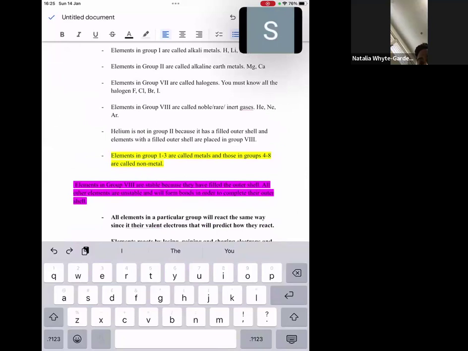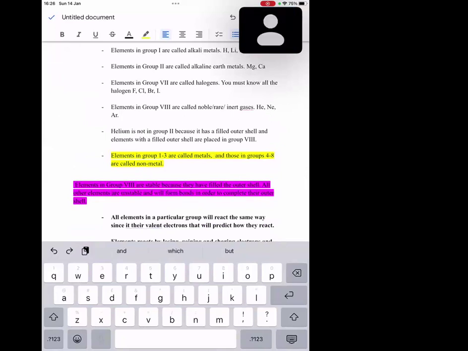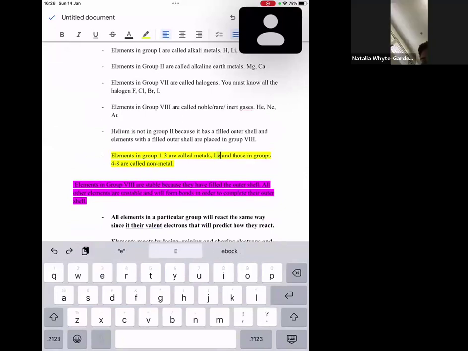All the elements that are in groups 1 to 3, those are classified as metals. So that means that metals, remember, what do we use to determine the group number? The number of electrons on their last shell.